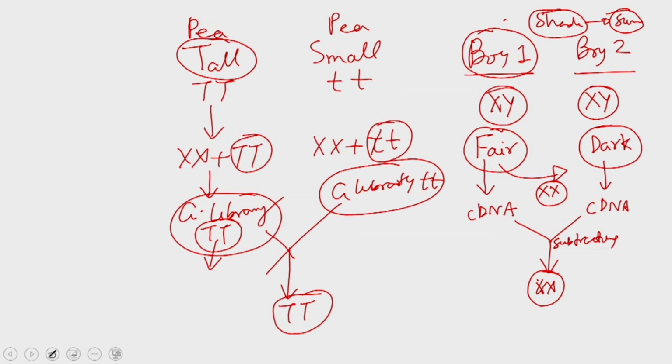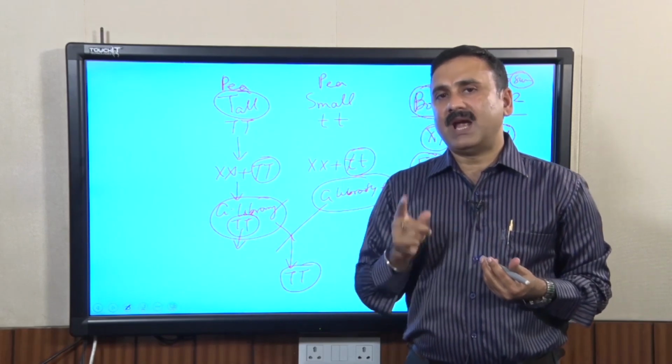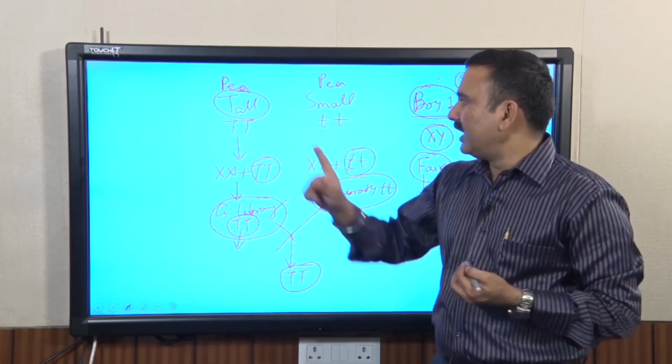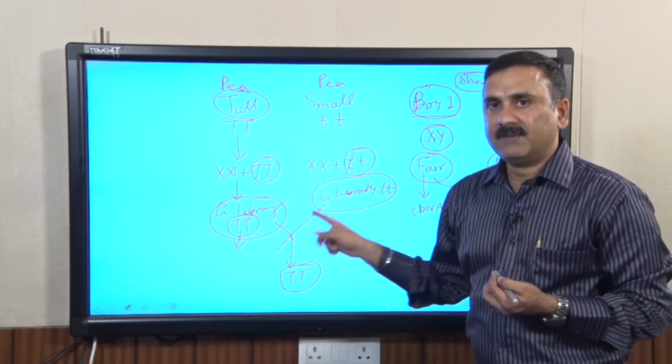So, in totality, what we are trying to explain is that if you have questions where the genome is getting edited or modified, you can use the genomic library approach to identify the genes.